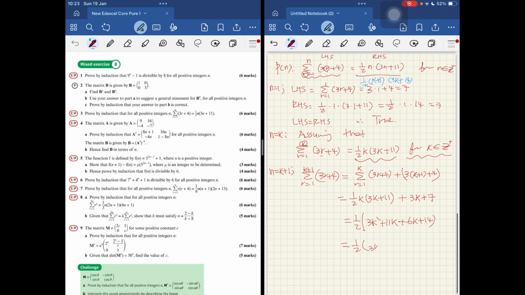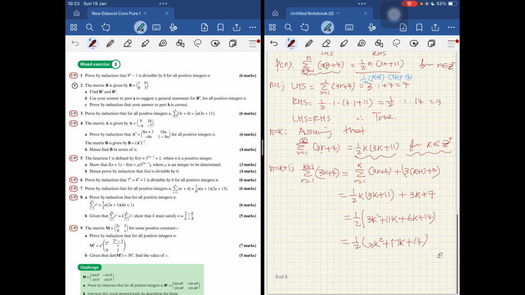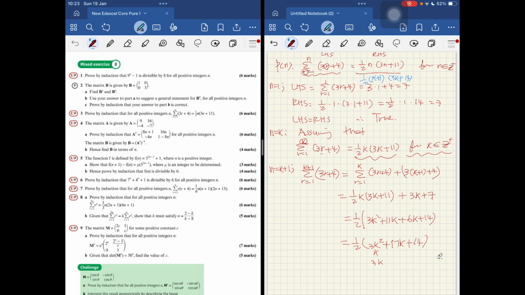That is 1 over 2 times (3k squared plus 17k plus 14). So now k, 3k, 17, 2 and 7. Therefore 1 over 2 (k plus 2)(3k plus 7).